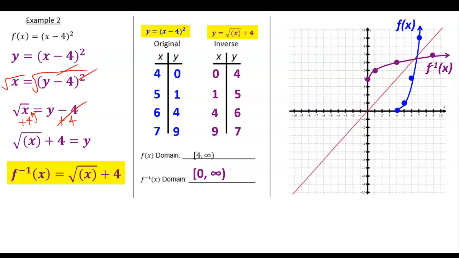But I am going to put on the board the third example. If you want to just copy it down, it's going to be the same idea, okay? Once everyone's done with example 2, who's still working on example 2? Okay, here's 3.